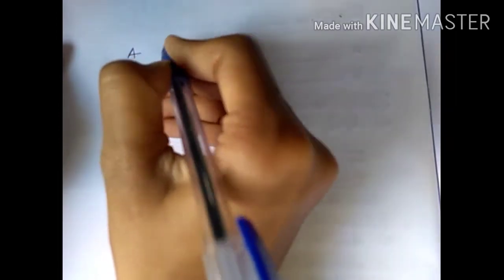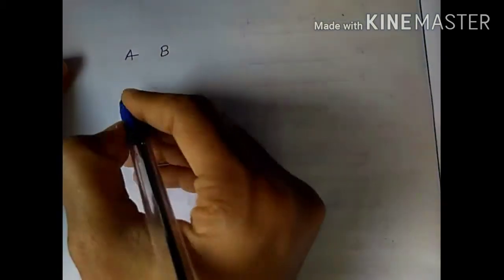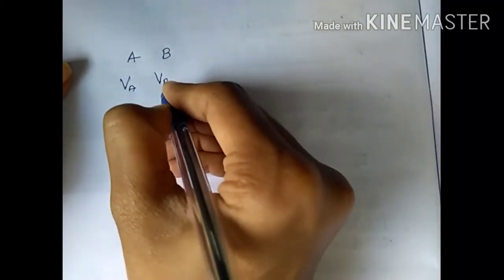Now let us understand these three cases in a graphical manner, with graphs. Consider two objects again, A and B. These two objects are moving uniformly with average velocities VA and VB.